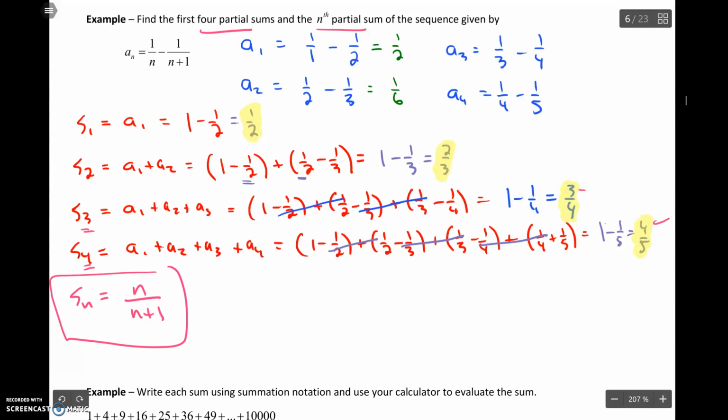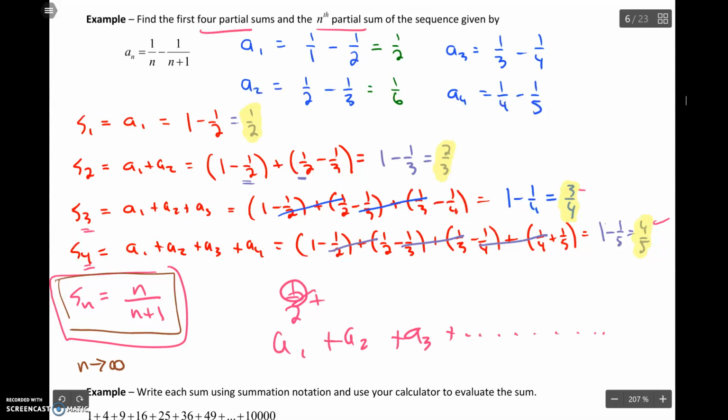And again, we're not really going here now, but if we were to take this sequence of numbers, a1 plus a2 plus a3, and add them forever and ever, infinitely, this kind of tells you what that infinite sum is approaching. As n approaches infinity, what does this get closer and closer to?